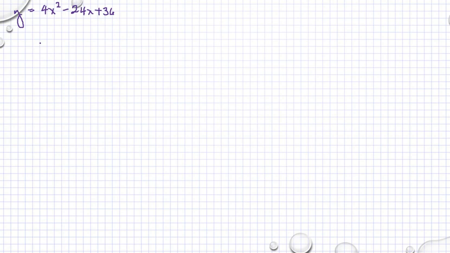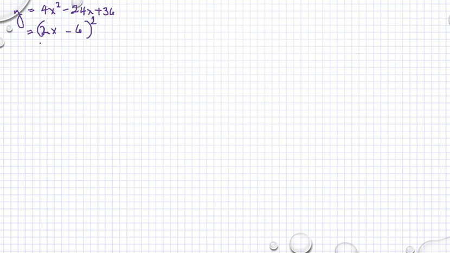Here is another example. What you can do is factor that already. It is a perfect square. Both are perfect squares: (2x minus 6) squared.